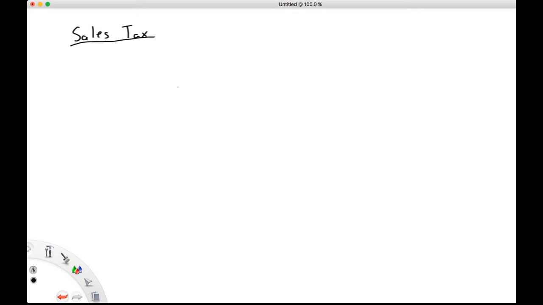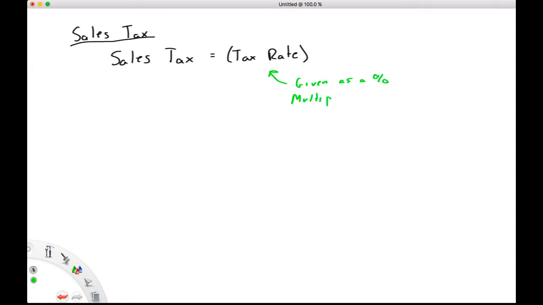And so the sales tax, the money that you actually end up paying to the government and not whoever you're buying your goods from, is going to be the tax rate, which is always given as a percentage, but needs to be multiplied as a decimal, times the actual item cost.